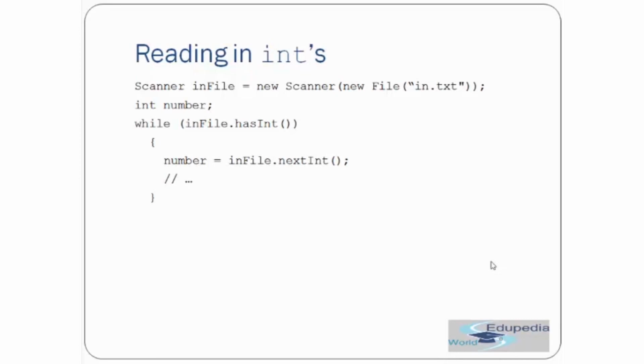So this is how we read it using inFile.hasNext. This will tell you whether the file has the next integer or not, and if it has, then to obtain that we have the nextInt method, which is similar to nextLine. nextInt will give us the next integer available.